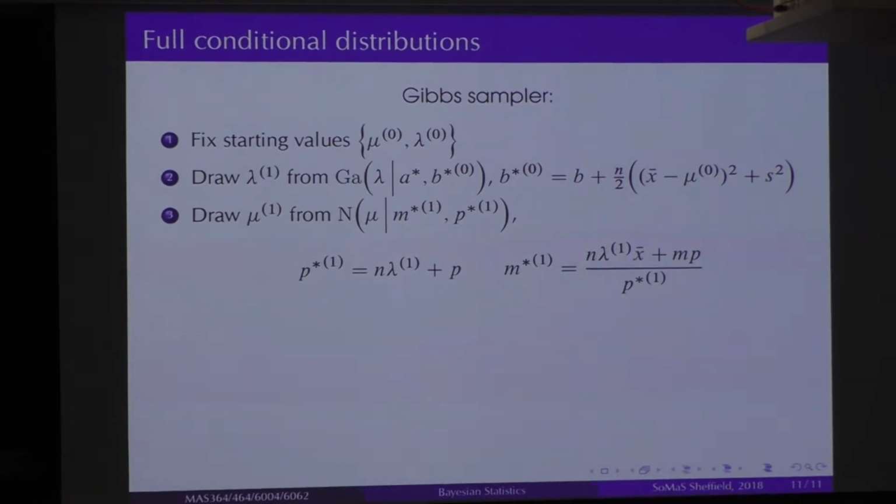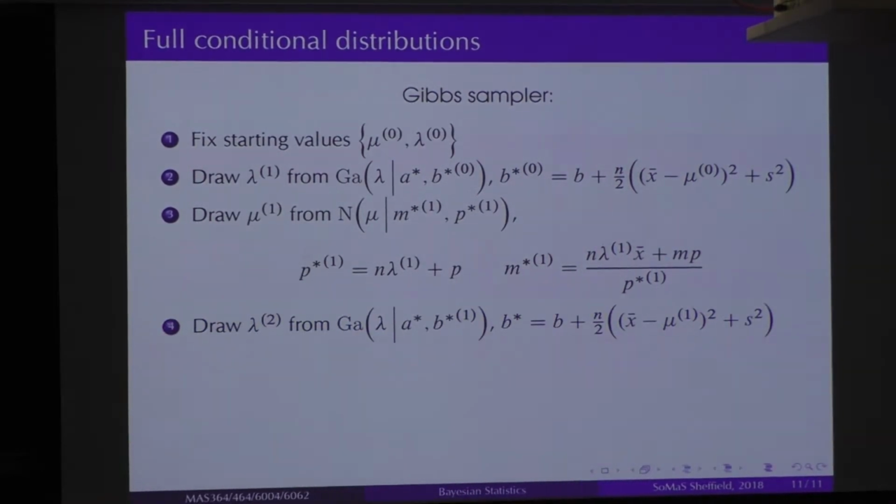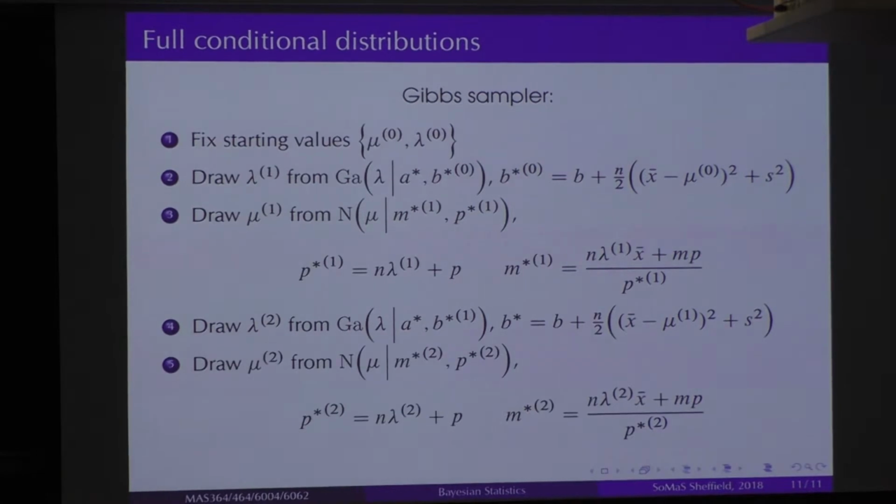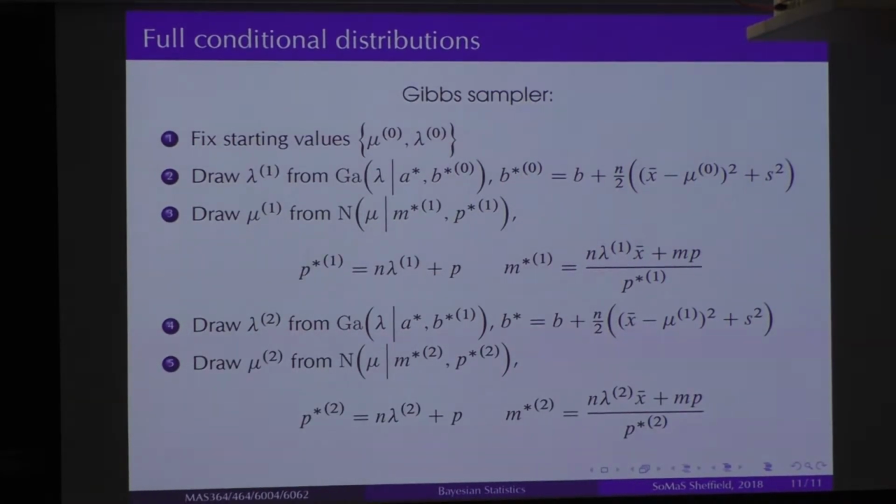Okay, so in the second step of my Gibbs sampler, I will again draw a new value for lambda from this same distribution, but now I need to update the parameters using the most up-to-date values of the rest of them, and in this case that will be mu1. Okay, I do the same for mu, and I just carry on.